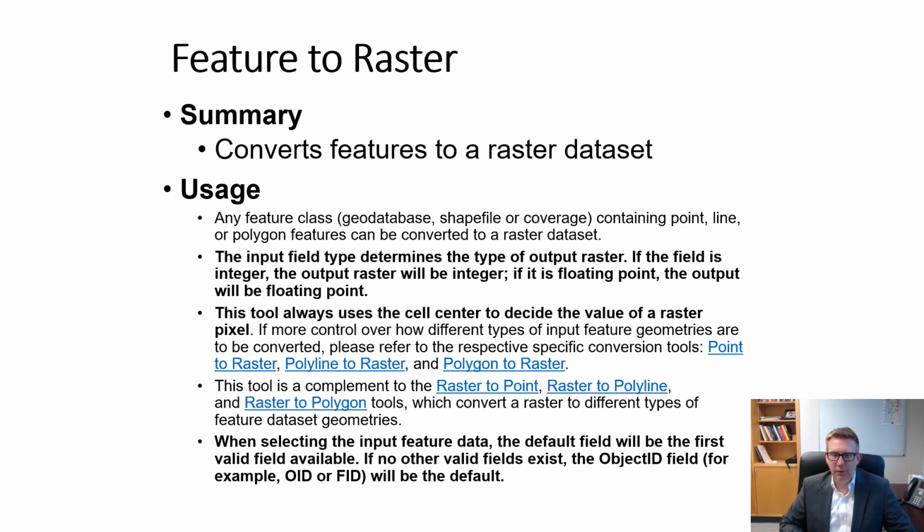So there's a specific Point to Raster tool, a Polyline to Raster tool, and a Polygon to Raster tool. Those are very useful, and if you know the data type that you're working with, which I suppose you always will, consider jumping to those rather than just using Feature to Raster. But even Feature to Raster is a pretty good start.